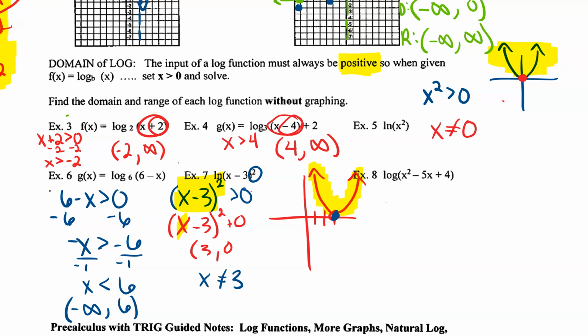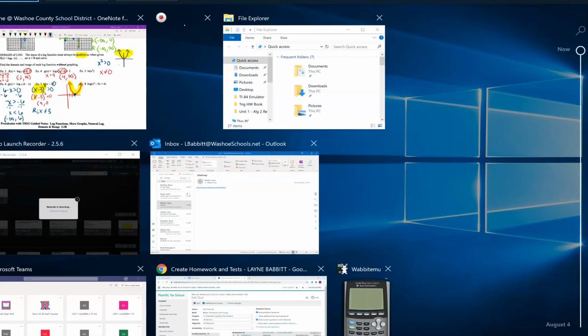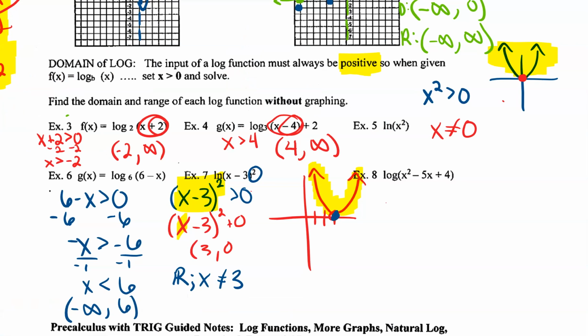So that's the one time that it's not acceptable is at 3. So your domain would be all real numbers except x cannot equal 3. On number 5 back here, this should have been all real numbers except x cannot be 0.